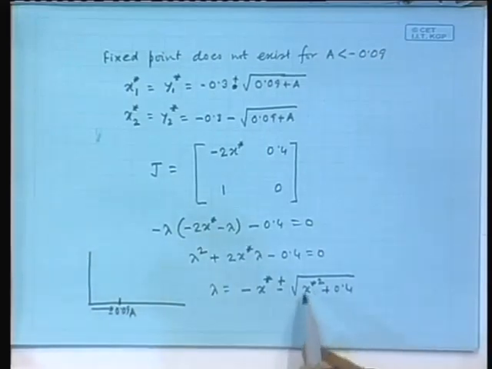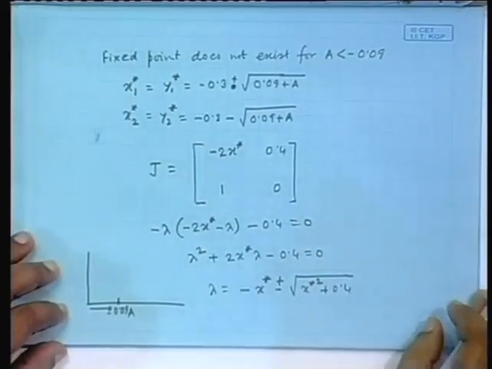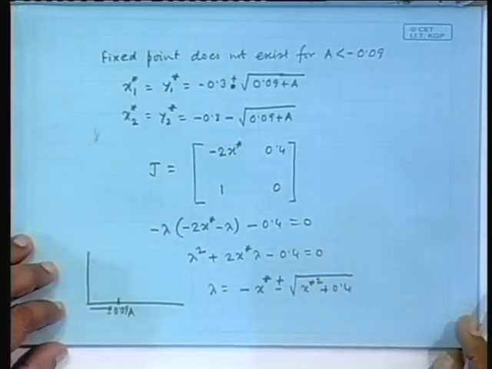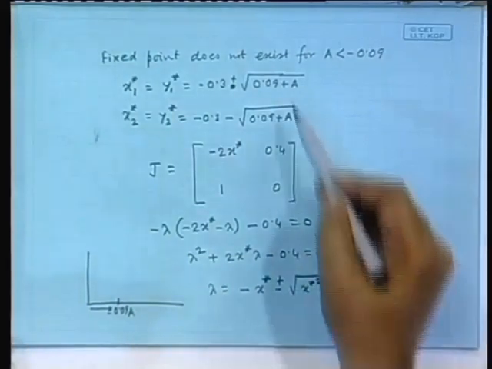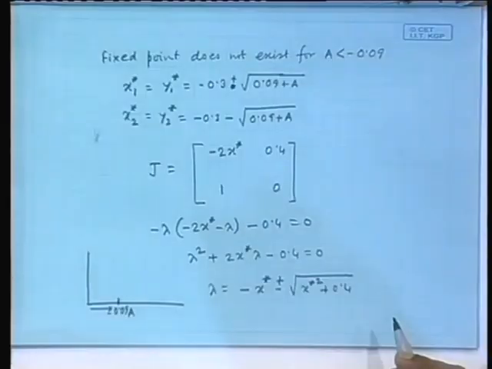Fortunately, here we have a square term, so we can substitute here and make it simpler. Just substitute this one here and see what the result is. What are the eigenvalues in these two cases? Well, wait a minute.